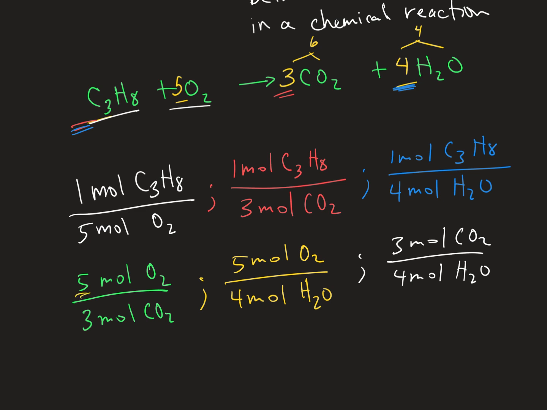So 5 oxygen to every 3 carbon dioxide. It's just coefficient ratios. That's it. 5 oxygens to 4 waters. 3 carbon dioxides to 4 waters. Okay. Good?